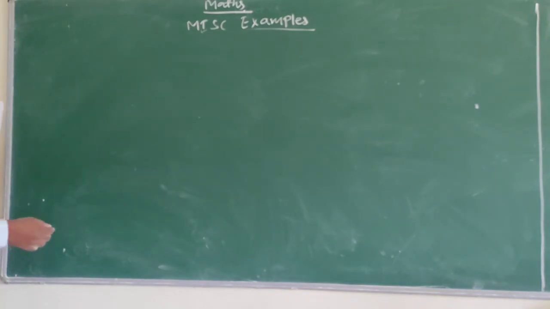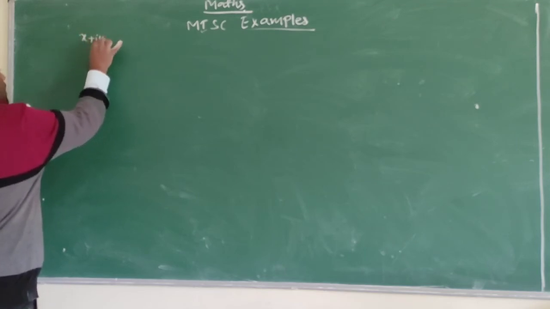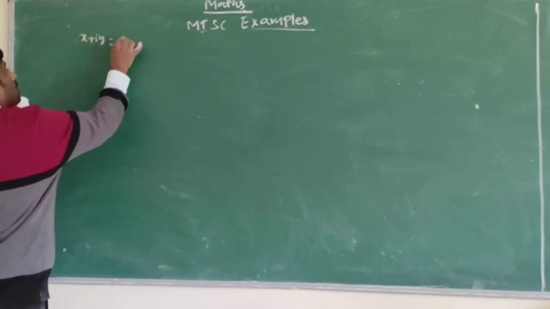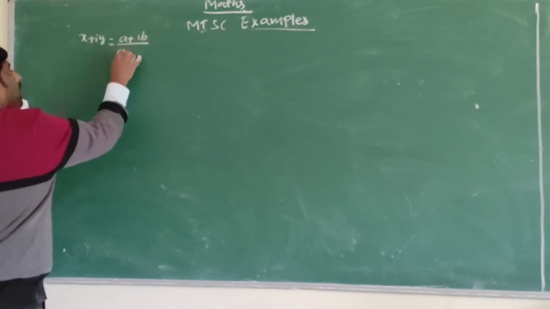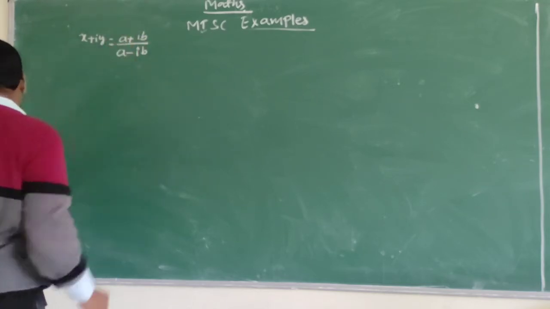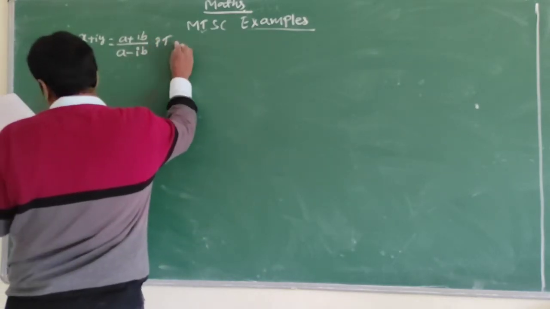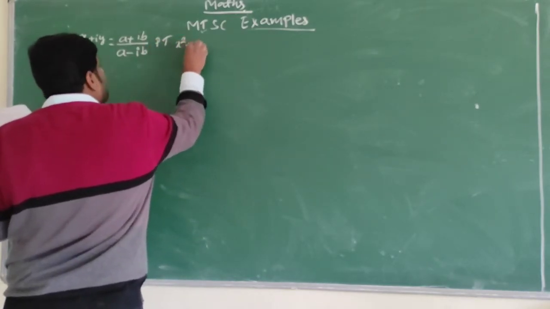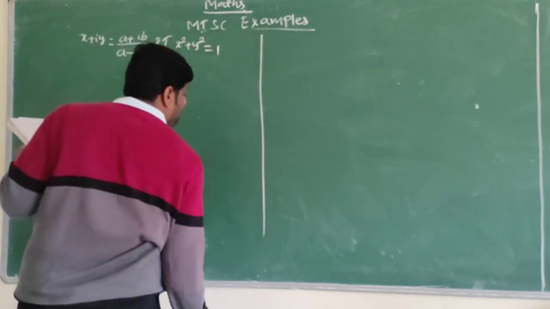So, a very important problem. x plus iy equals a plus ib divided by a minus ib. Prove that x square plus y square equals 1.